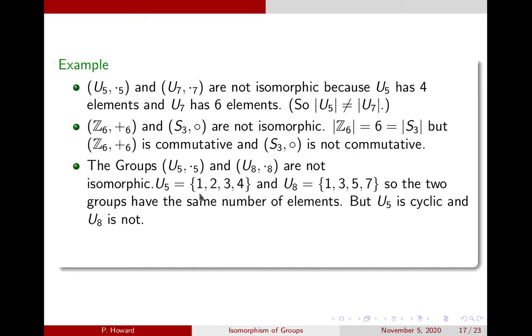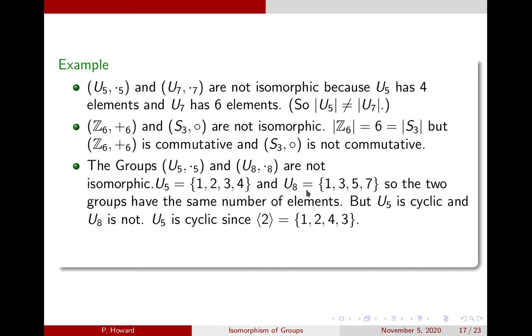Well, I calculated the cyclic subgroup of U sub 5 generated by 1, and then the cyclic subgroup generated by 2, and so on. And when I got to 2, I found that the cyclic subgroup generated by 2 is all of U sub 5. So U sub 5 is cyclic, and it is generated by its element, the number 2.